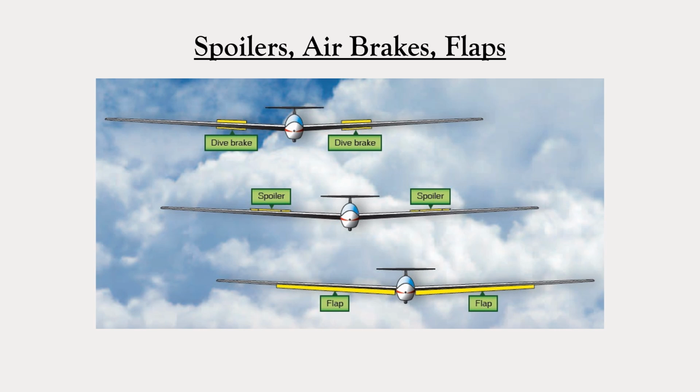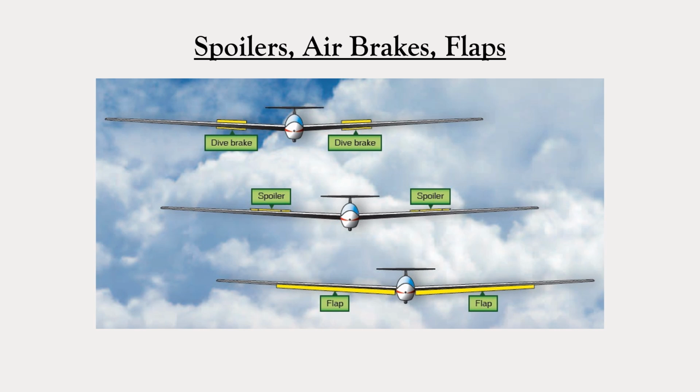Flaps are another type of lift and drag modifying device on the wings. None of the club gliders have flaps, although there are gliders with flaps that you may encounter. The club tow planes have flaps, so you can look at those to see how flaps operate.